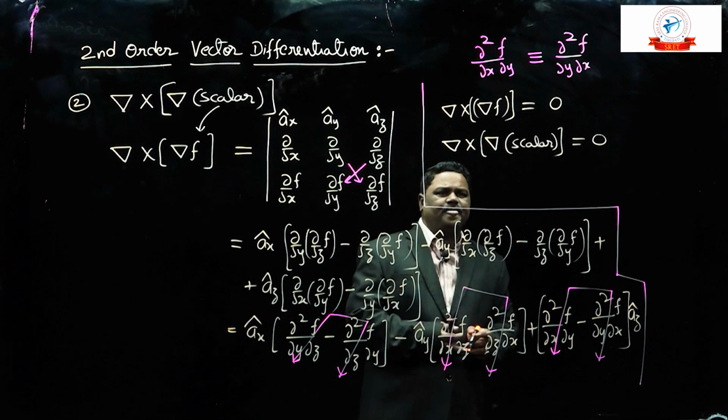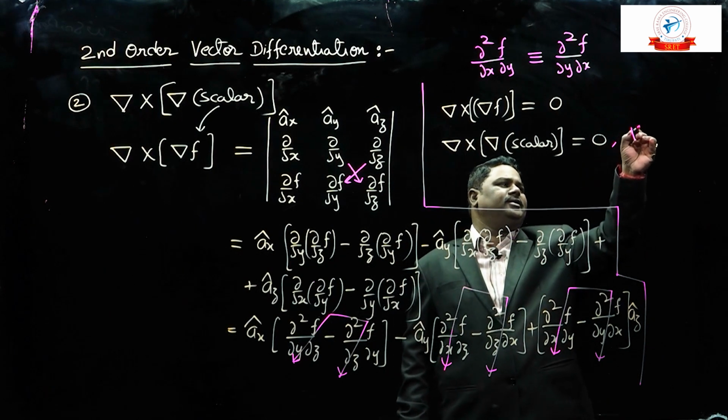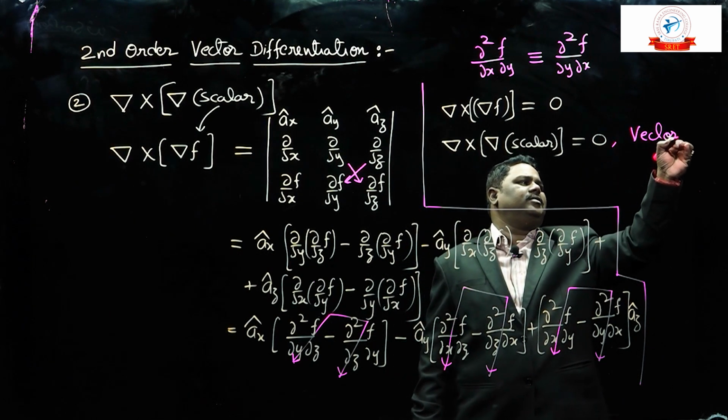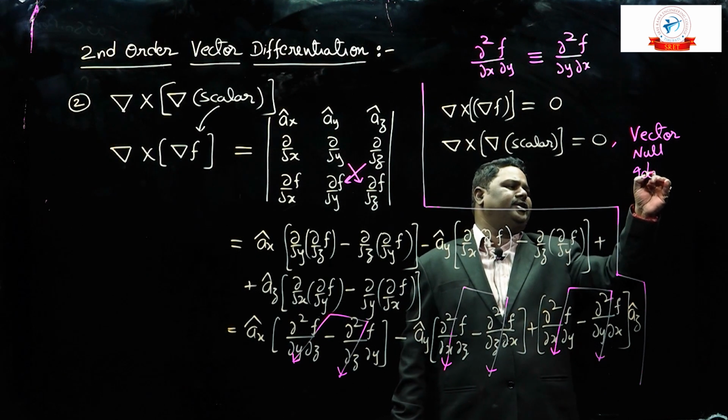This equation is called the vector null identity.